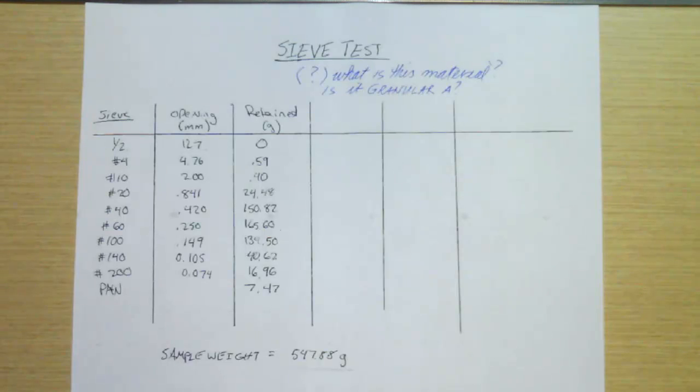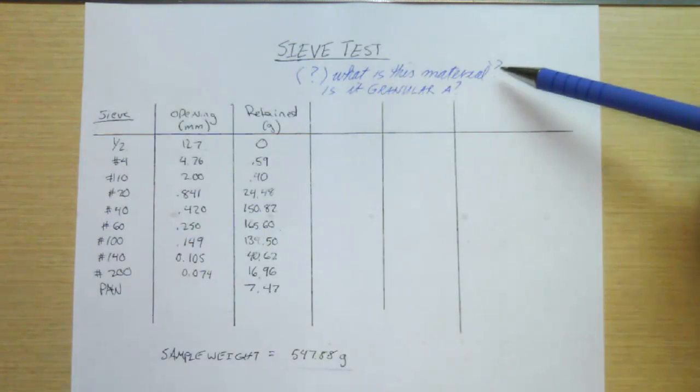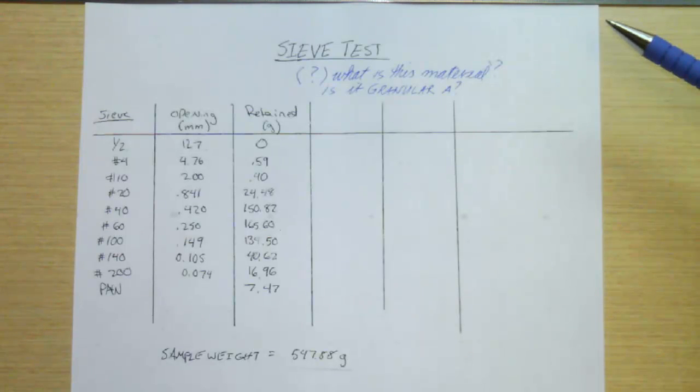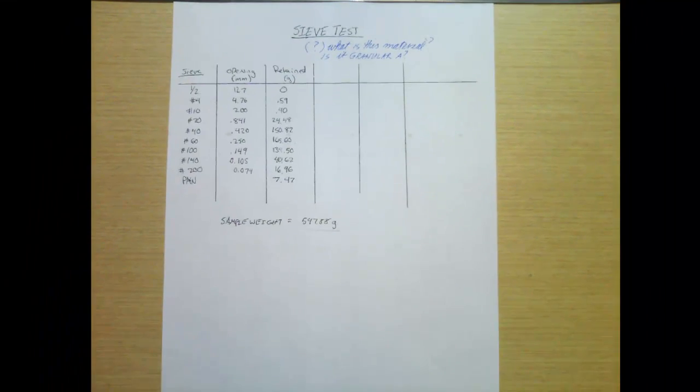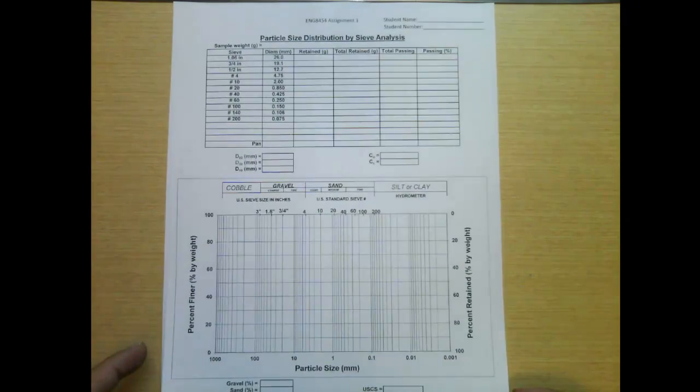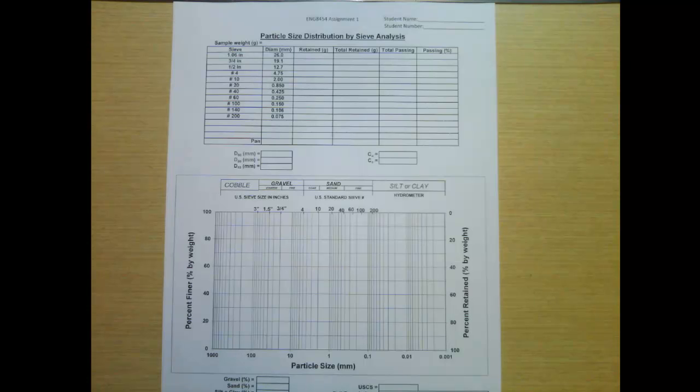Alright, so what I'm going to do then, while keeping in mind what the end goal is, I'm going to switch over to using the spreadsheet that I provided for you. This is a blank spreadsheet that I've printed from that Excel document I've given you.